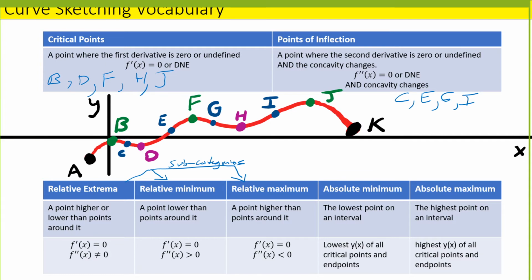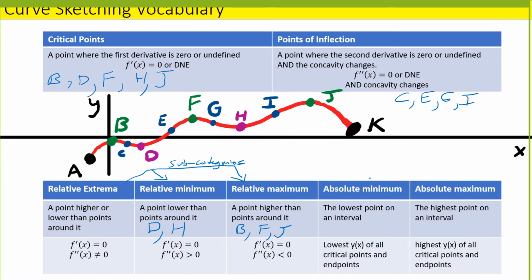I've got one more showing. H, perfect. And then, Aileen, can you give me relative maximums? E. F. J. B, F, and J, perfect.